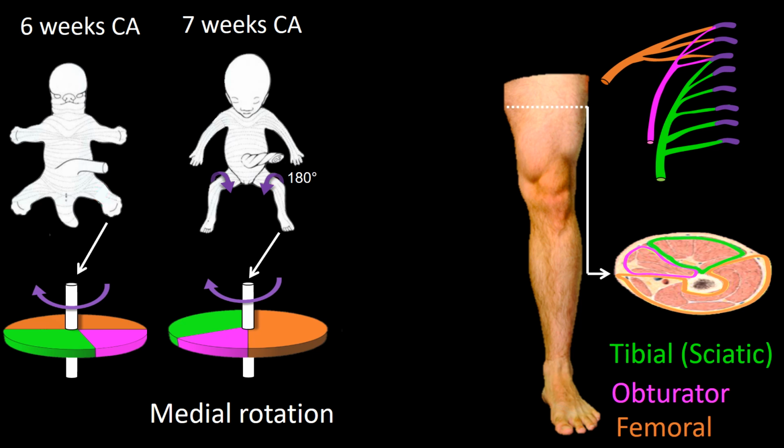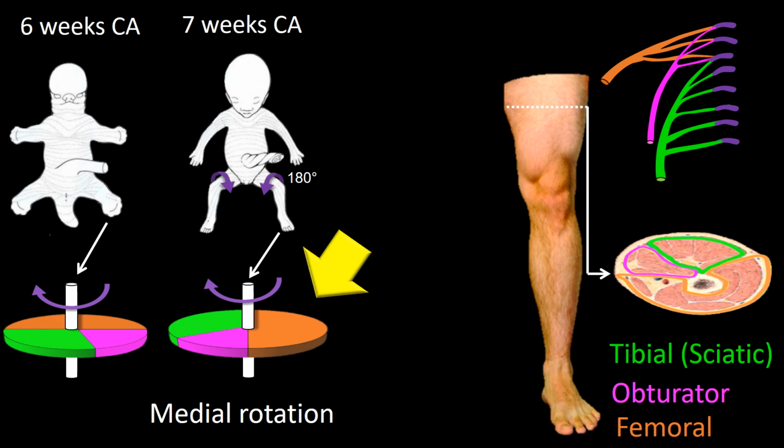In this new frame, corresponding to about a 7-week conceptual age fetus, you can see arrows in the fetus indicating the direction of the twist. That, as we initially mentioned, is medial, and the 180 degrees by the side of the left arrow indicates the degree of twist that the leg will ultimately achieve.